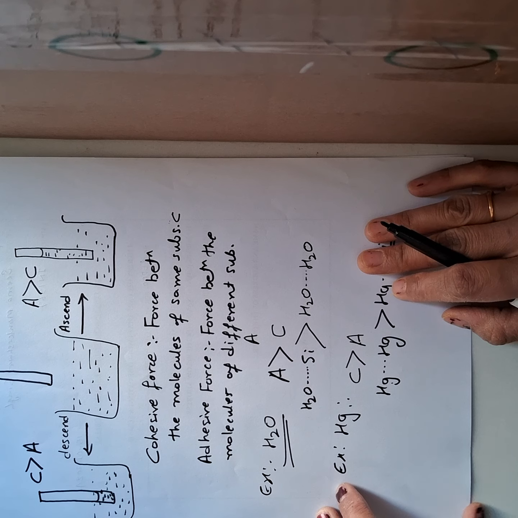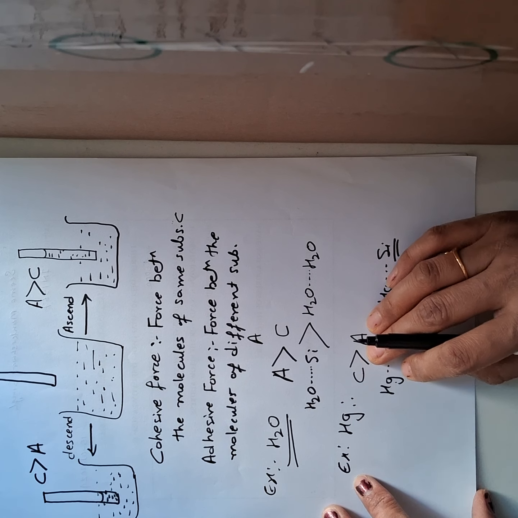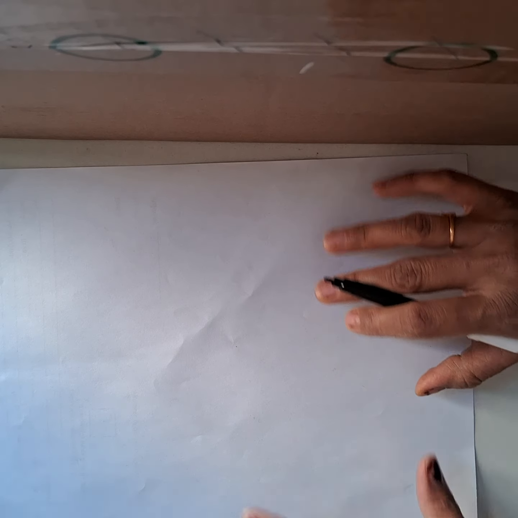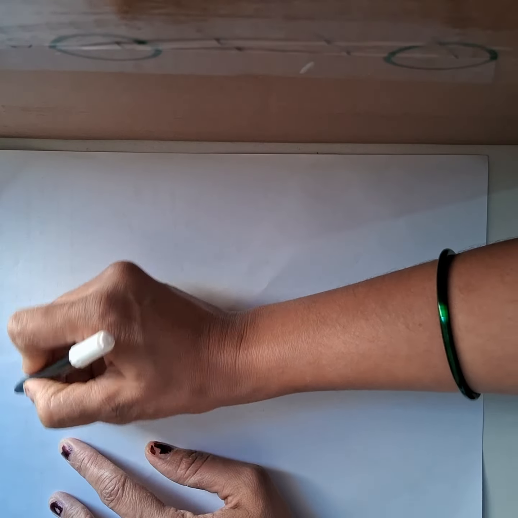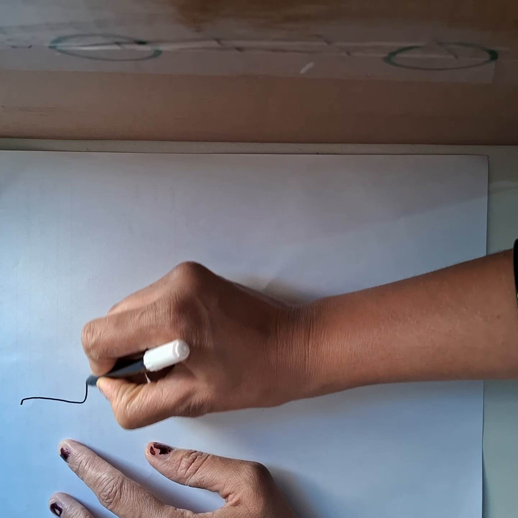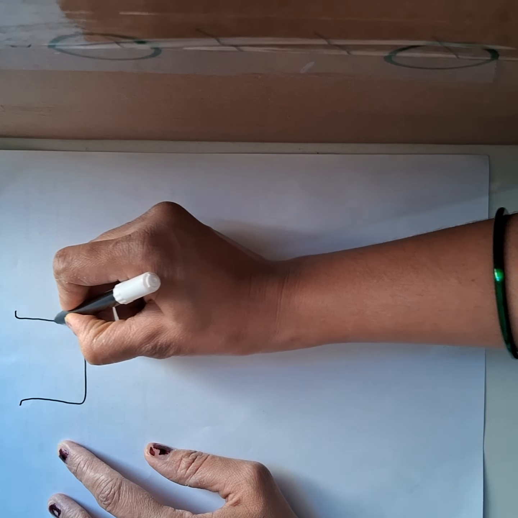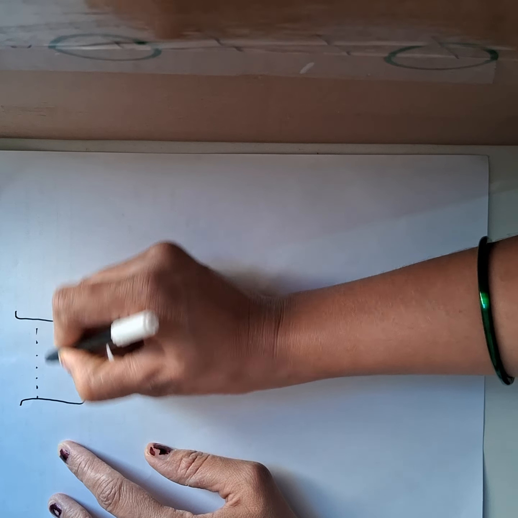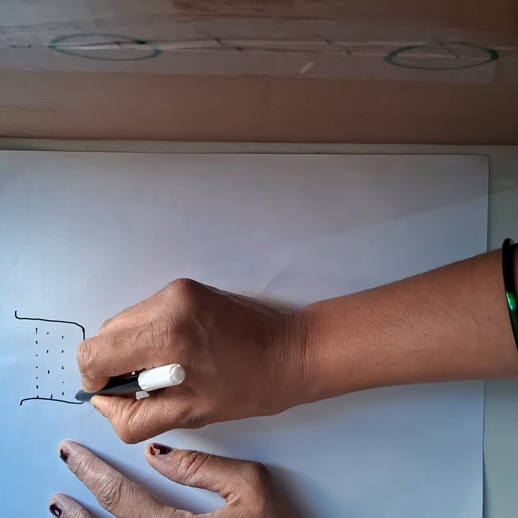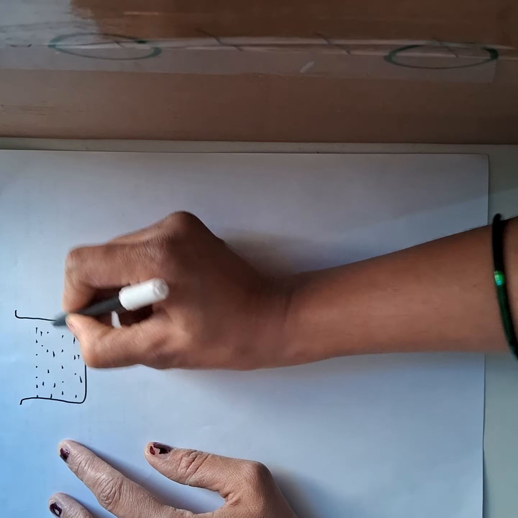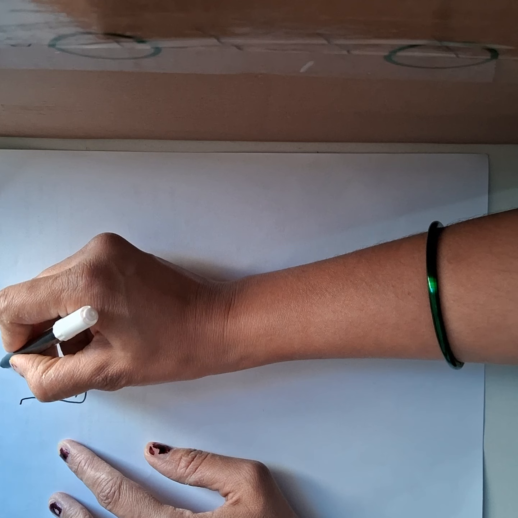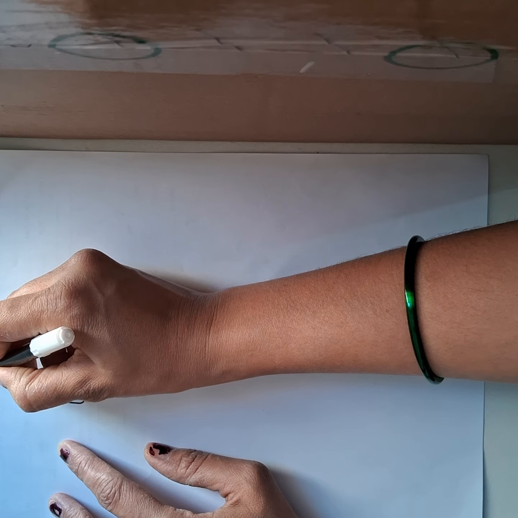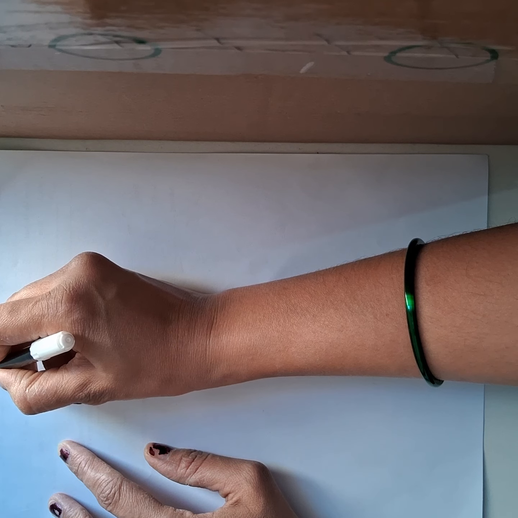Now let's understand this phenomenon in terms of pressure. Okay. Let's take a container filled with liquid. Suppose here we are taking water as the liquid, and we dip a capillary inside this container.